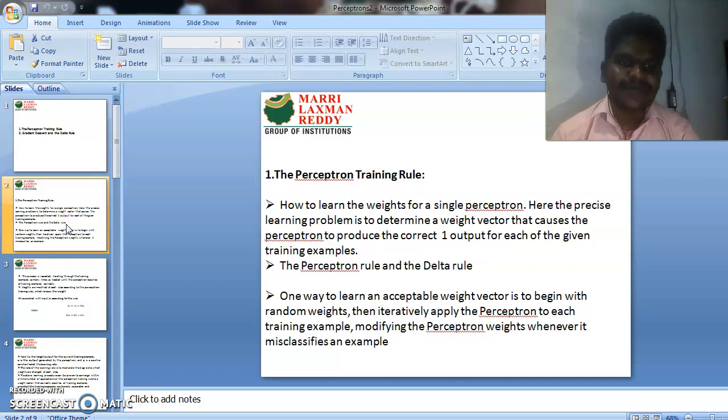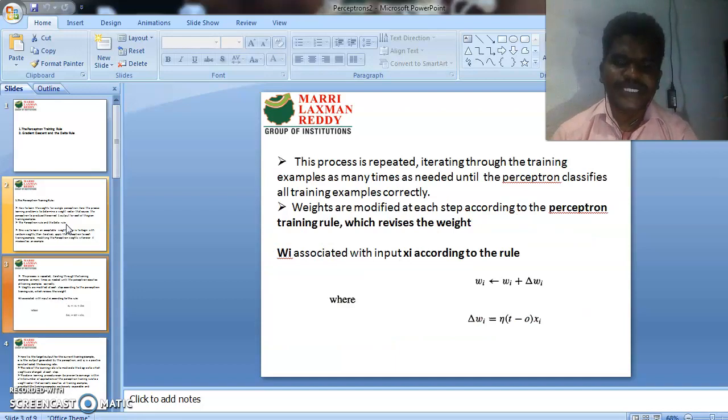Where we get misclassified data, we apply the Perceptron Training rule, which means updating the weight values. This process is repeated, iterating through the training examples as many times as needed until the perceptron classifies all the training examples correctly.